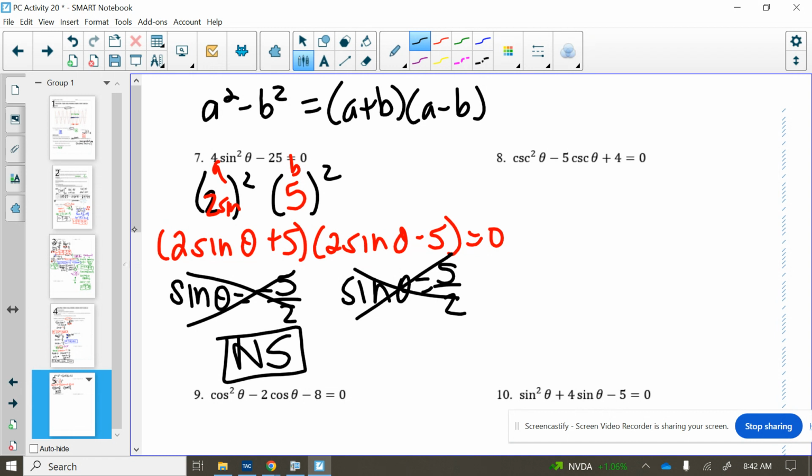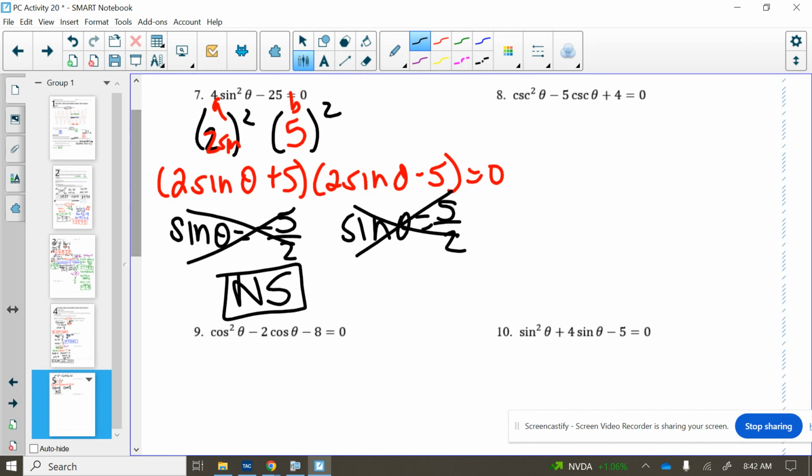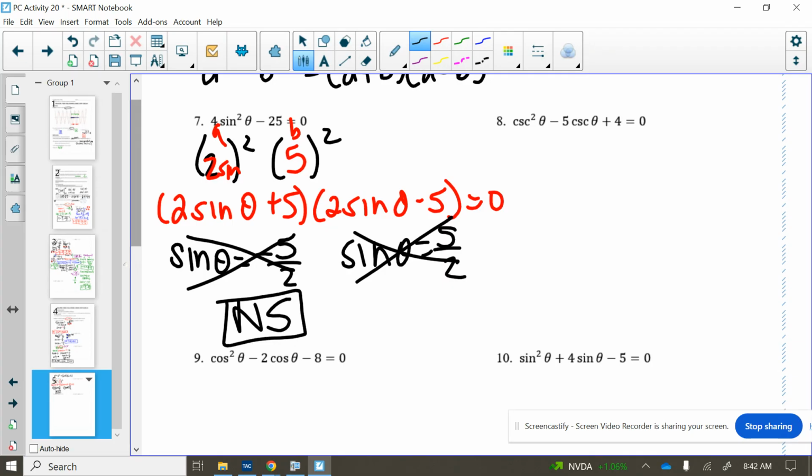Our next example is going to also deal with factoring, but this time we have a nice example of a type 1 factoring. So we have here that what multiplies to be 4 adds to be negative 5. This is going to be negative 4 and negative 1 that are going to multiply to be positive 4, but add to be negative 5.